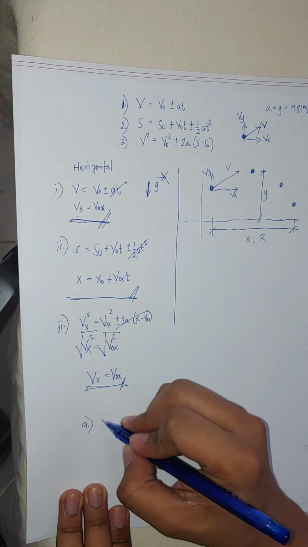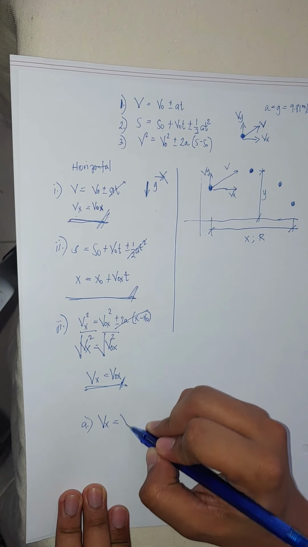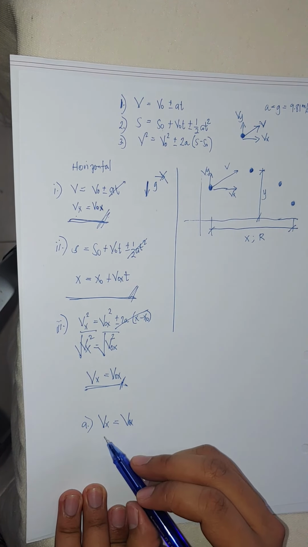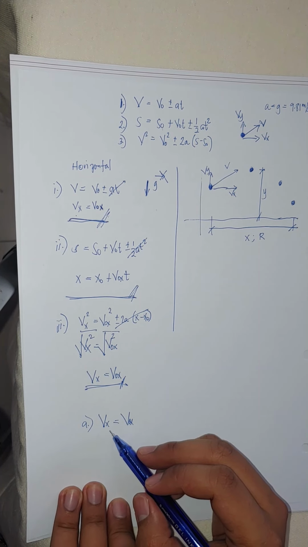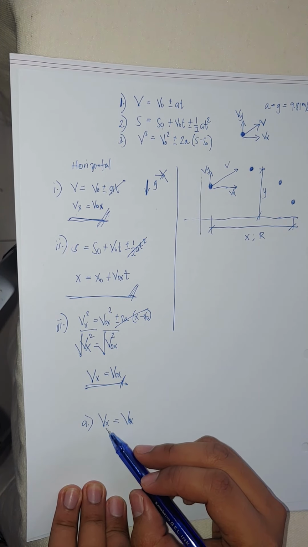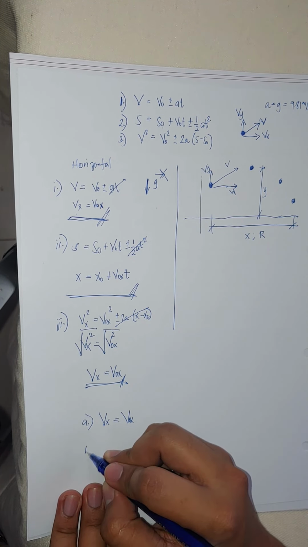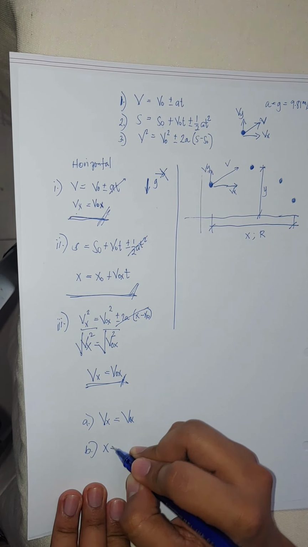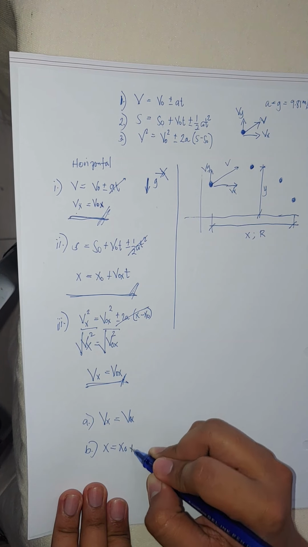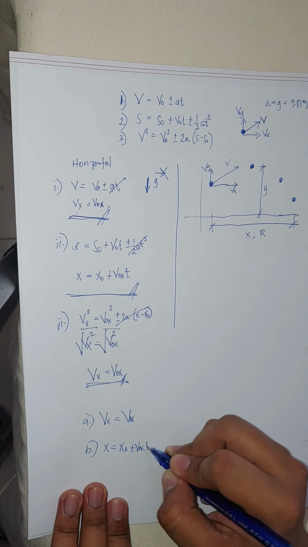We have Vx equal to Vox, the final horizontal component of velocity is just equal to the horizontal component of the initial velocity. And this one, x, is just equal to x naught plus Vox t.